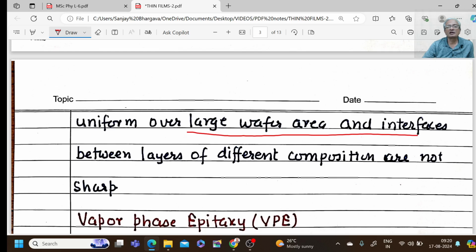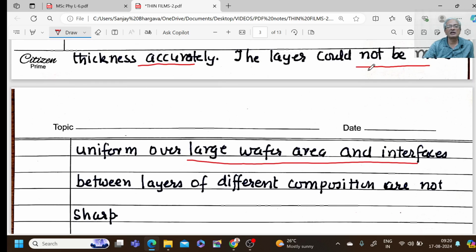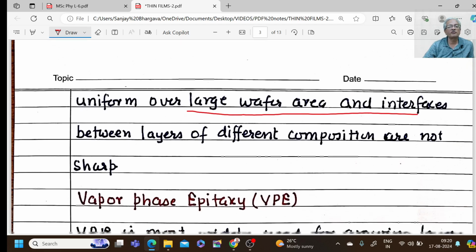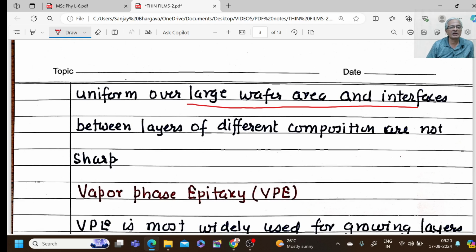So another difficulty is that the layer could not be made uniform. We do not have uniformity in the layers that have been grown over a large wafer area, and interfaces between layers of different composition are not sharp. With these drawbacks, it is still a helpful technique.